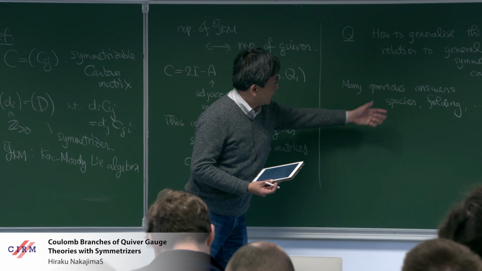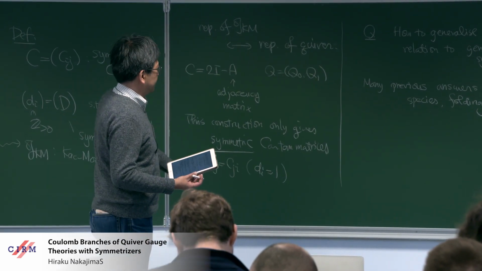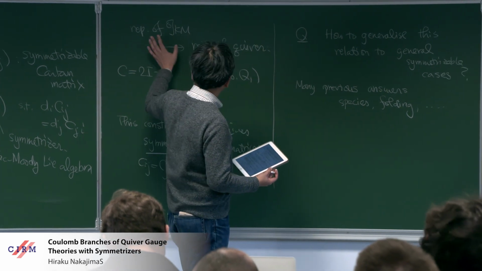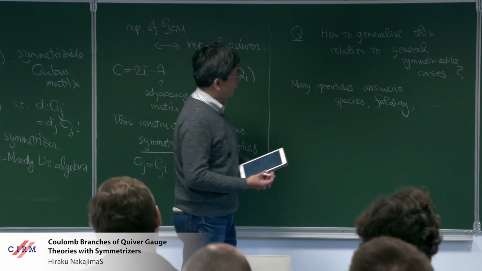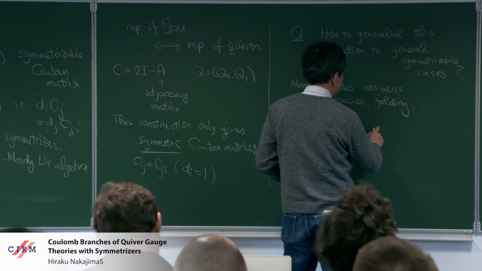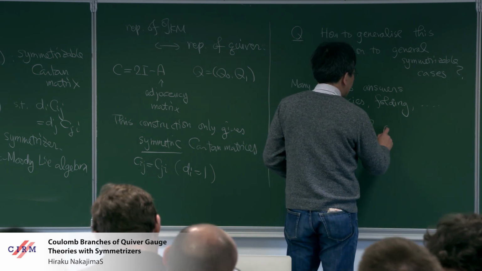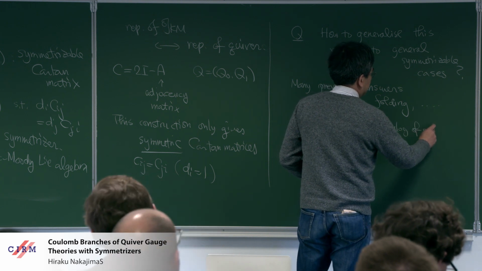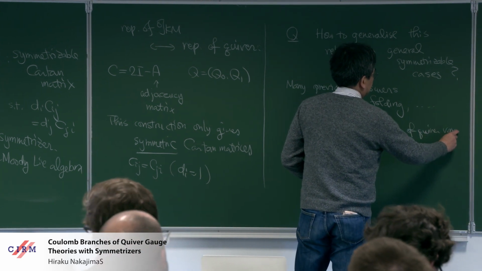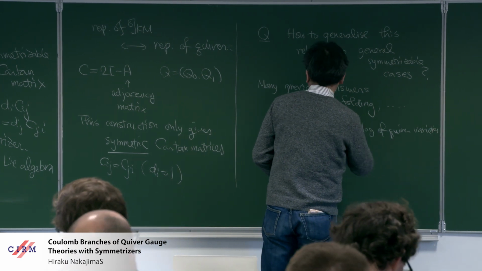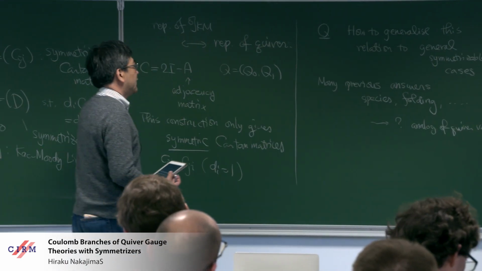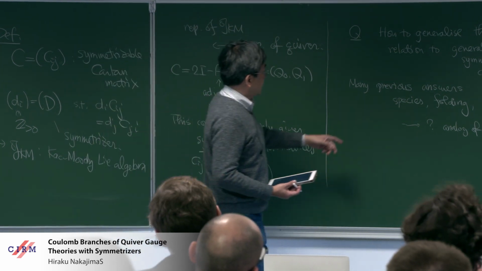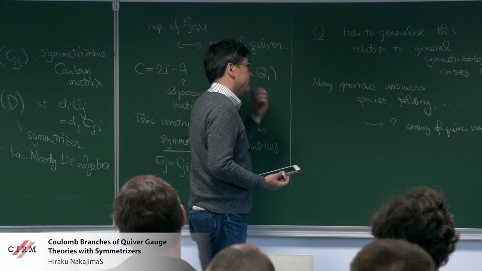They have part of the relations, but not in full. For example, in these constructions it is not clear what the analog of quiver varieties is. People can understand, for instance, that the analog of Gabriel's theorem, which is the starting point of this relation, can be generalized to symmetrizable, but we don't have the rest.